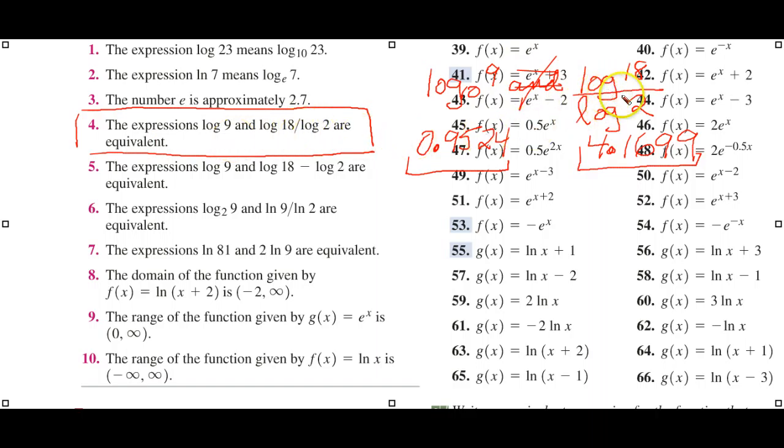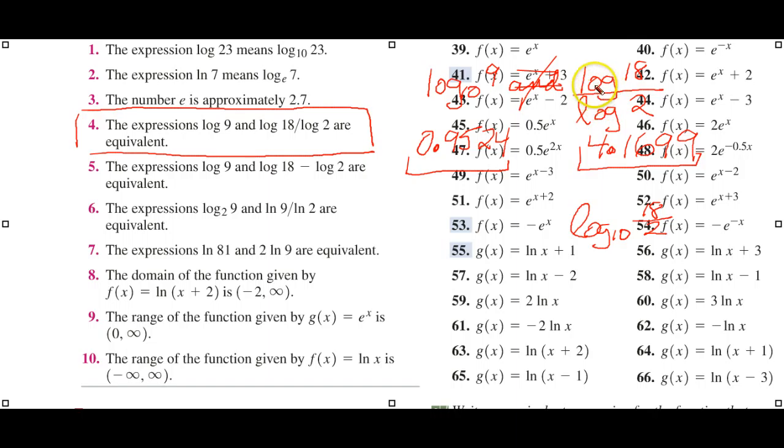Now, don't get confused. If you had something like this, log base 10 of 18 halves, if it were set up like so, then this could be simplified to 9.